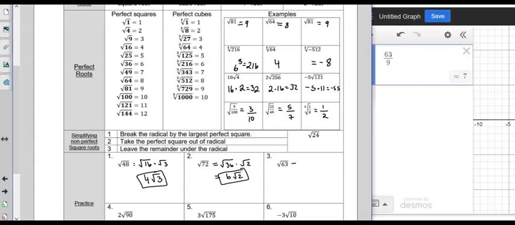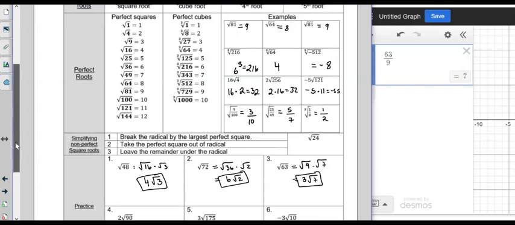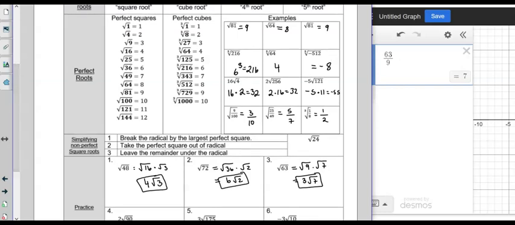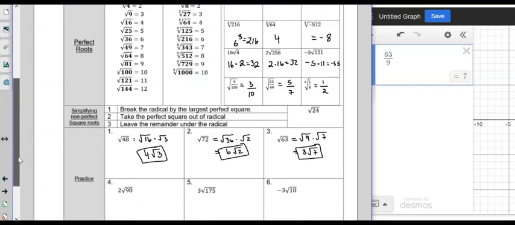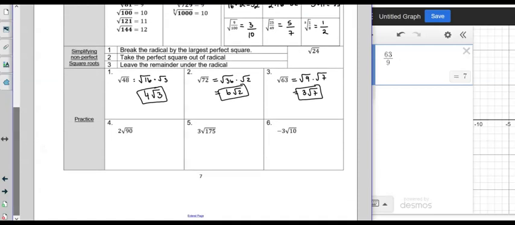So I'm going to say that this is square root of 9 times square root of 7. So square root of 9 is 3. So 3 square root of 7. I think it would be really beneficial if you can truly just memorize some of the perfect squares and keep them in the back of your mind.